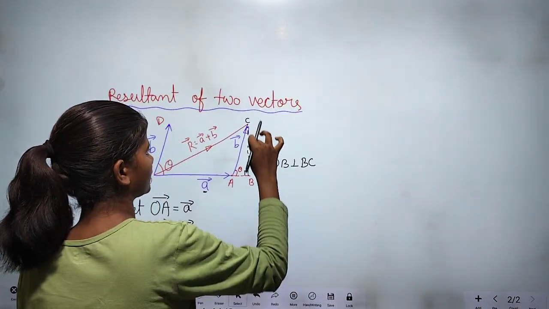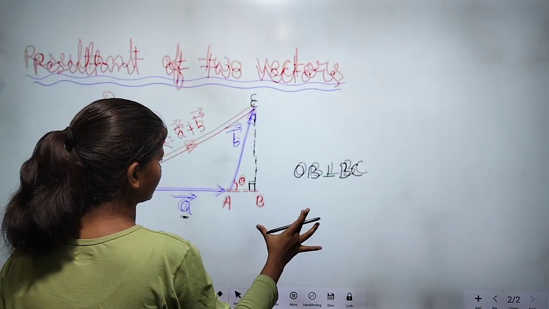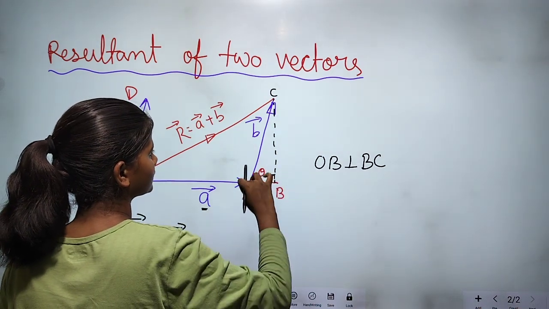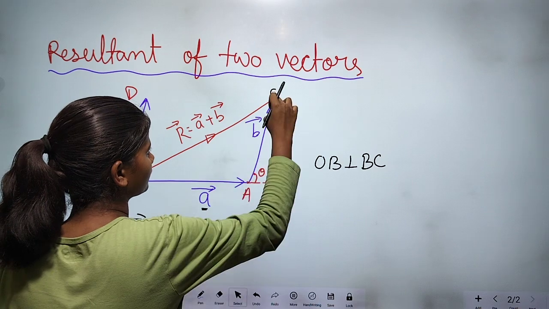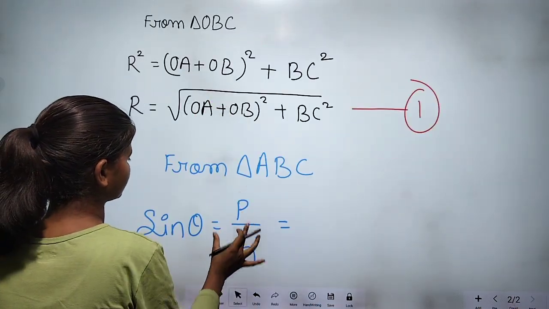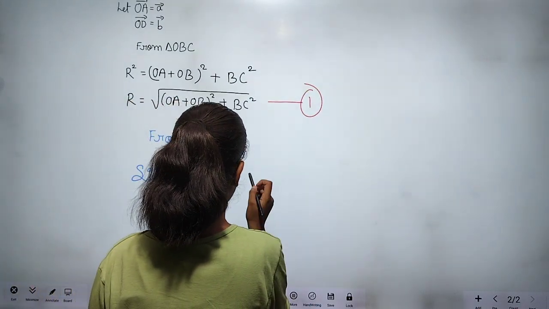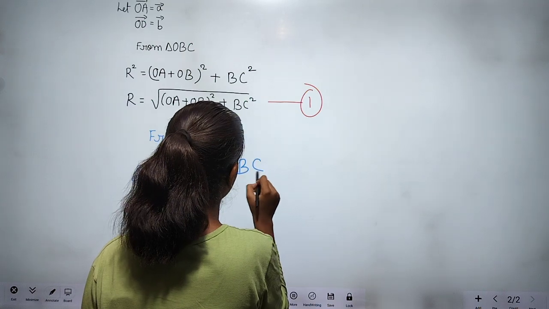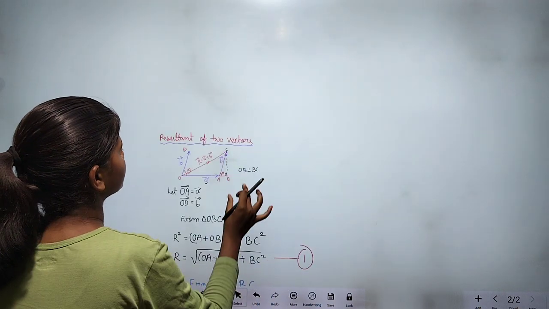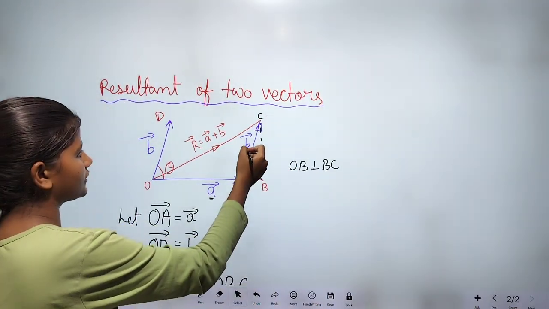Here BC is our perpendicular, this angle is our theta, and this one AC is our hypotenuse. BC by AC, or we can also write BC by, this one is our B vector.